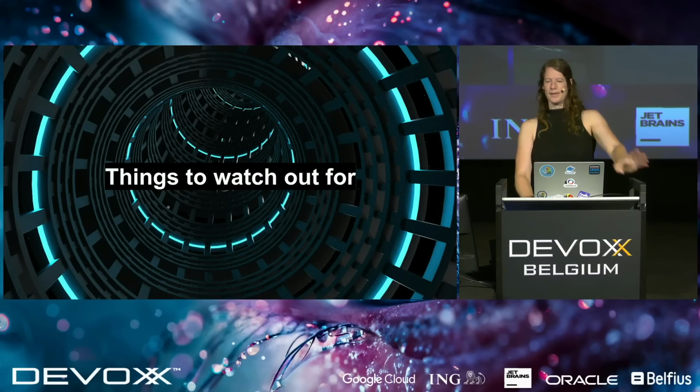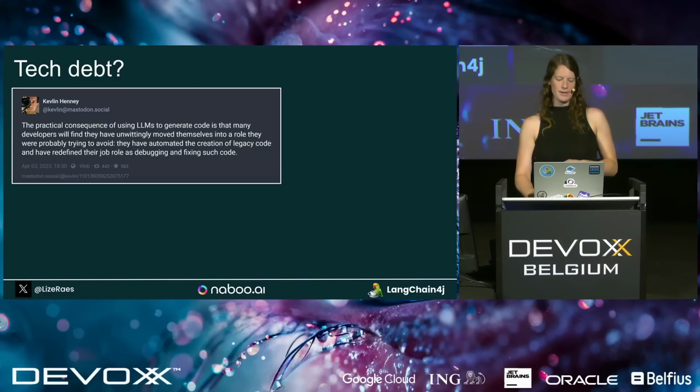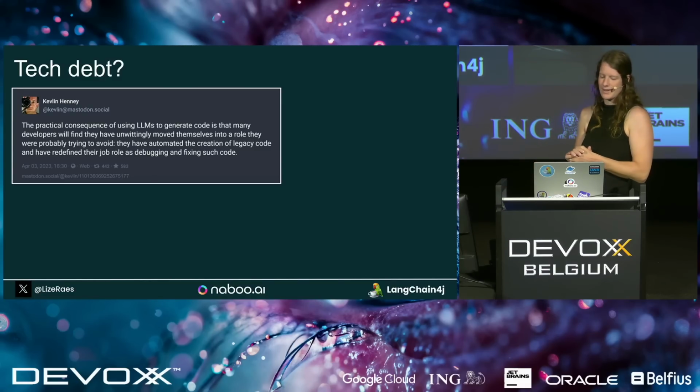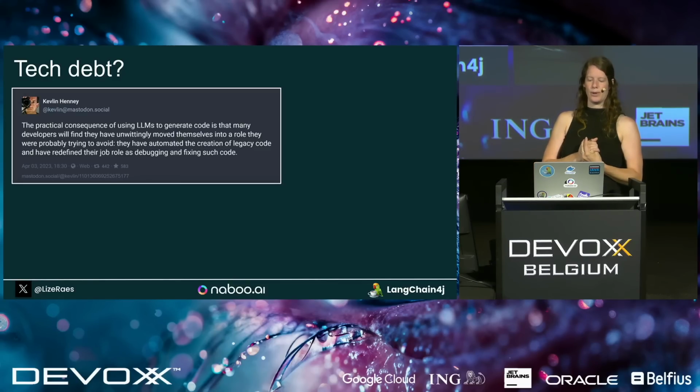Okay, so what do you want to be watching out for when writing code with LLMs? This is a nice statement of Kevin Henney. He asks basically, do we really want to reduce our role to debugging legacy code? If we let LLMs write all our code, is this really what we want? That's one.